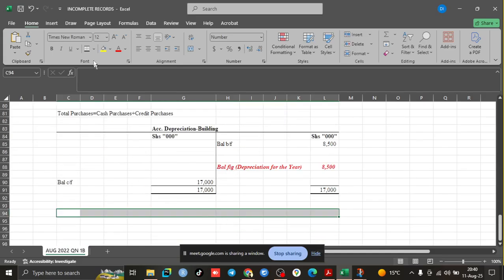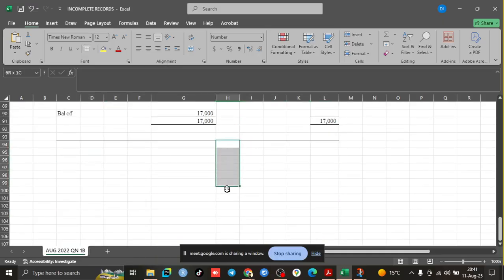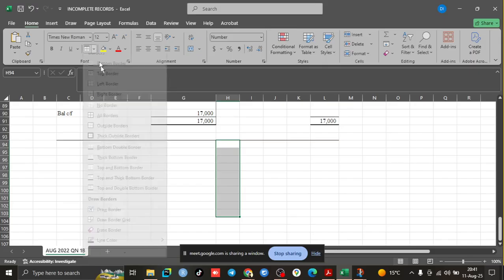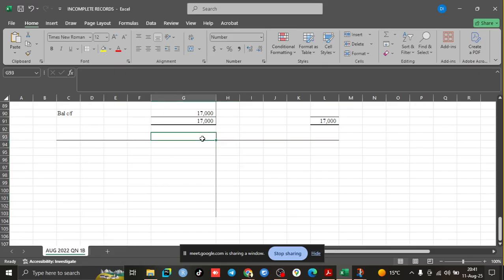So brought forward itakuwa on the credit, carry forward on the debit. Salaries and wages due account. So brought forward iko on this side, carry forward iko on the other side.